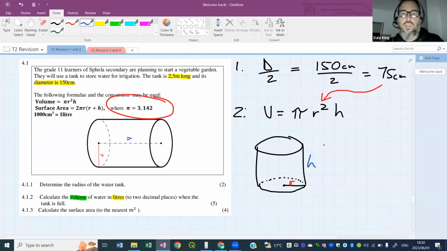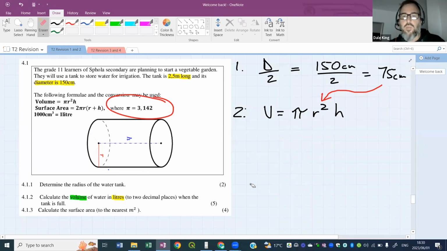So this height here of the tank standing up is the same as this height here of the tank on its side. Please remember that. Whether it's standing up or on its side, that dimension doesn't change. It's still the same dimension. Just remember that, especially with rectangular prisms and triangular prisms.